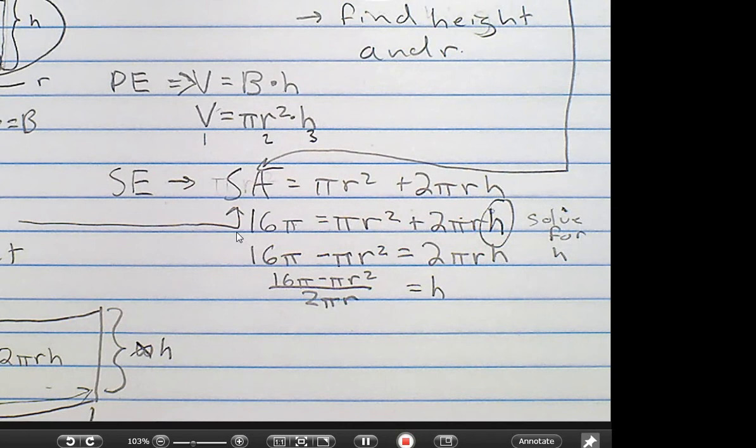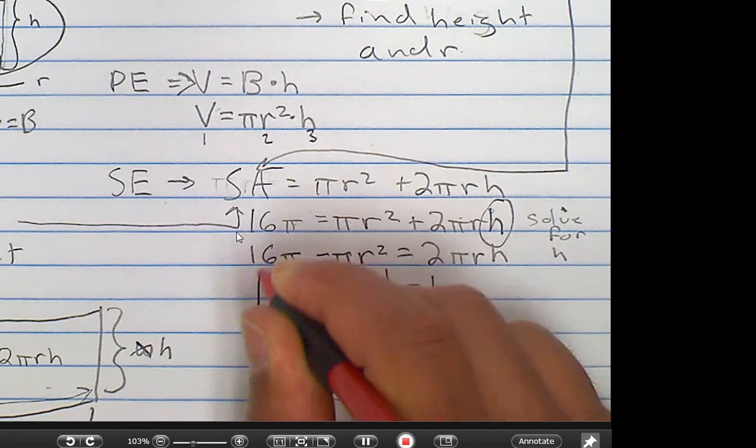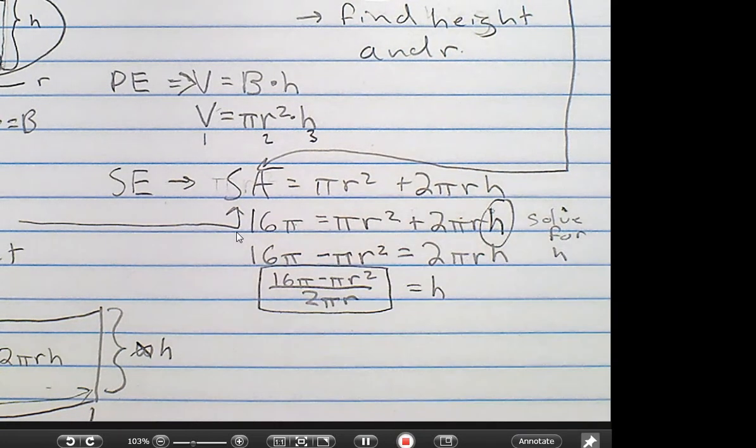So why don't we keep it like this instead of busting it up into 2 fractions? If you want to bust it up into 2 fractions, that would be fine. It would end up being 8 over r minus r over 2.